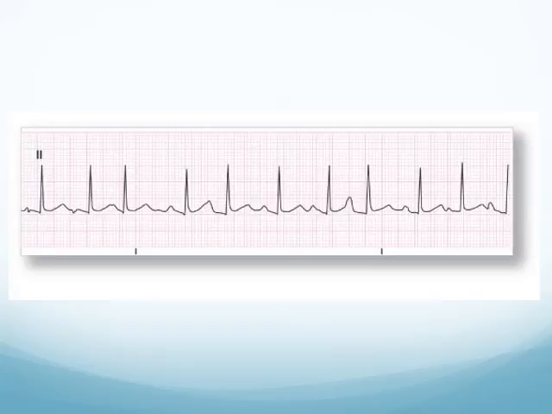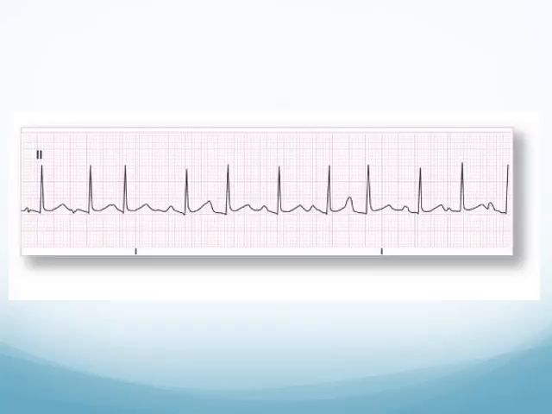All right. The heart rate appears to be 110 beats a minute. It's irregularly irregular. We have multiple different morphologies of P waves. We have a P wave with every QRS.